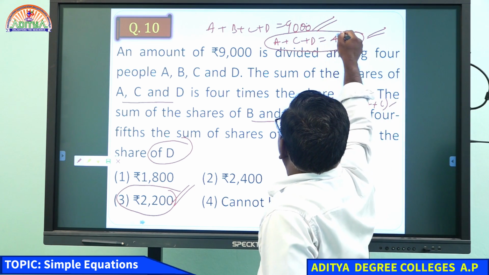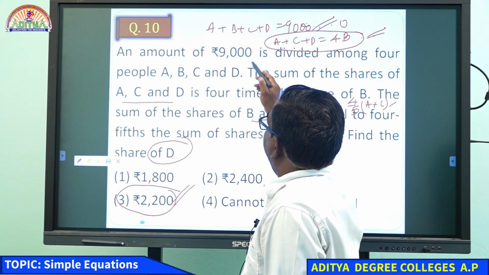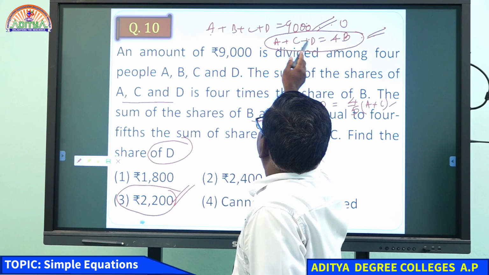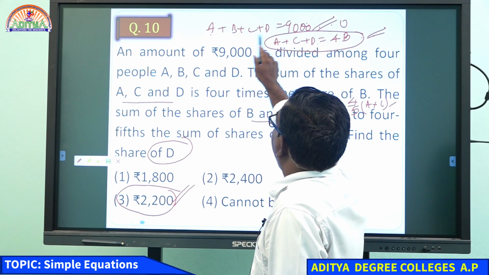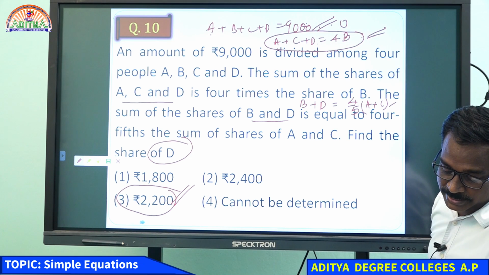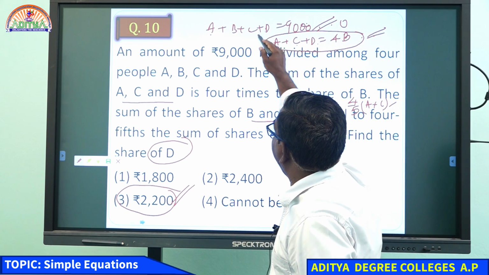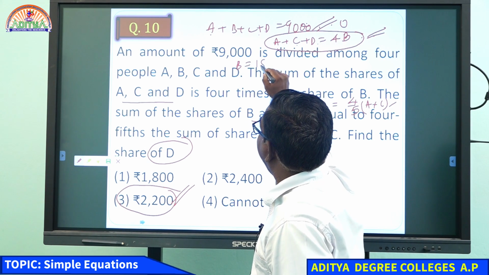See, by the first and the second equation, if you subtract them, A will be cancelled, C will be cancelled, D will be cancelled. 9,000 minus B equals 4B, and by that you will get B as 1800. By using these 2 equations, you get B as 1800 rupees.